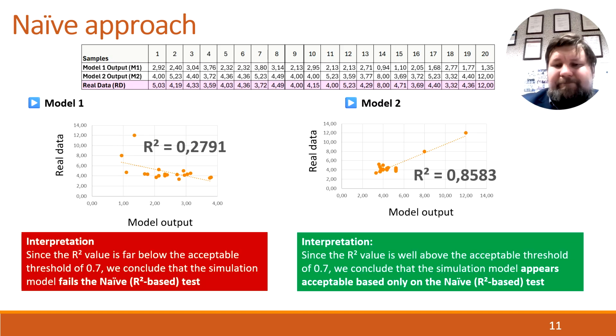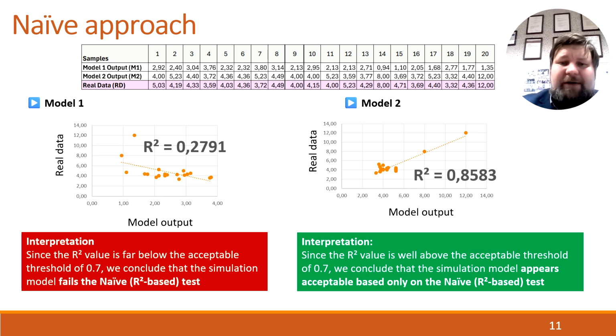Okay, so here is a numerical example regarding the naive approach. We are applying the naive validation approach using R-squared. As you can see, we have a small table which represents the output data from model 1 and the output data from model 2, and we also have the corresponding real data.